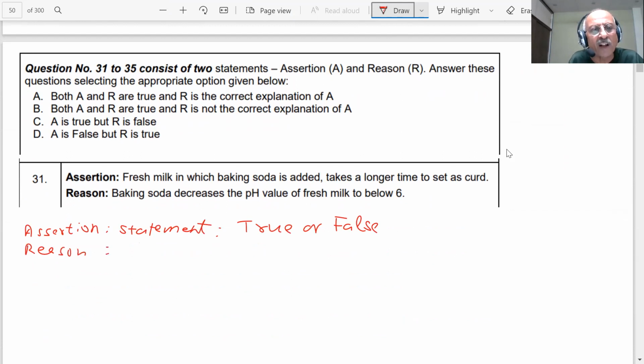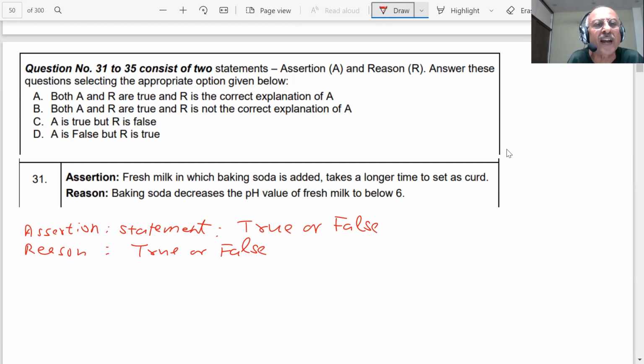And it is also a statement, student. Try to find out whether the reason is true or false. You will read it, then you will know. And you can see here the types of answers.